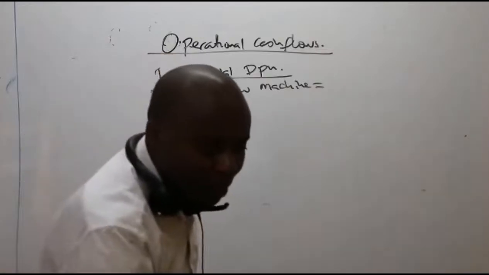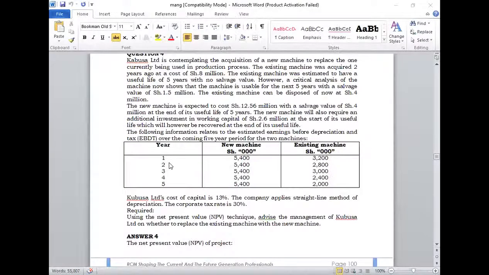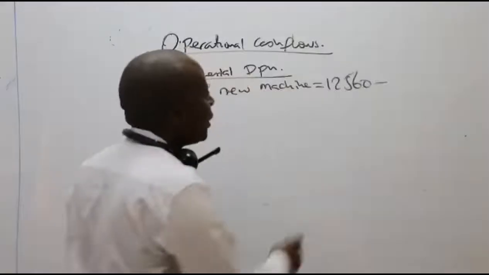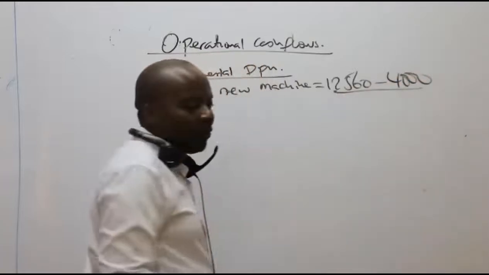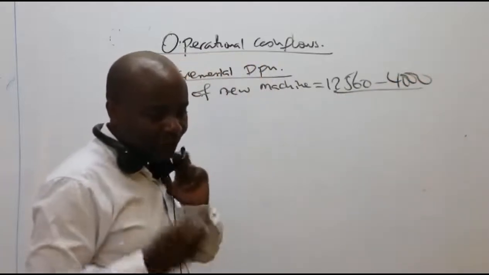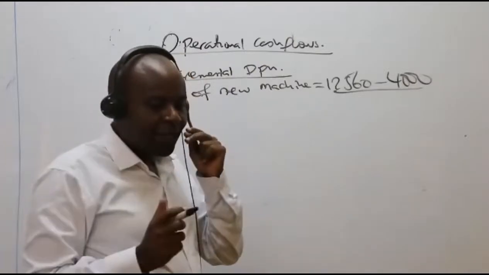The cost of the new machine here is 12,560. So 12,560 minus its scrap value. Scrap value is 4,000 for our case because we are cutting 3 zeros. So 4,000 divided by the number of years, which is how many?